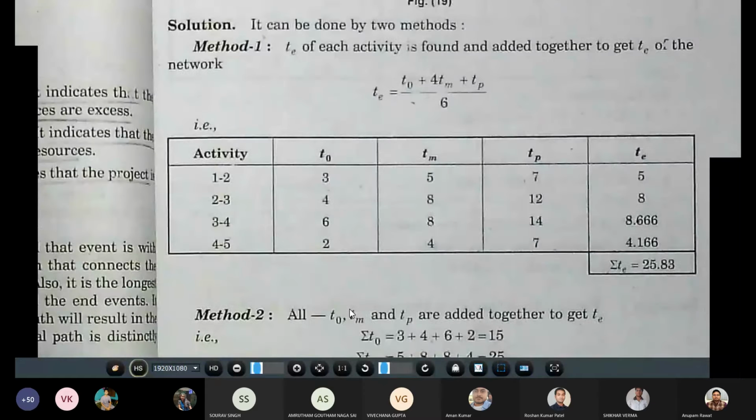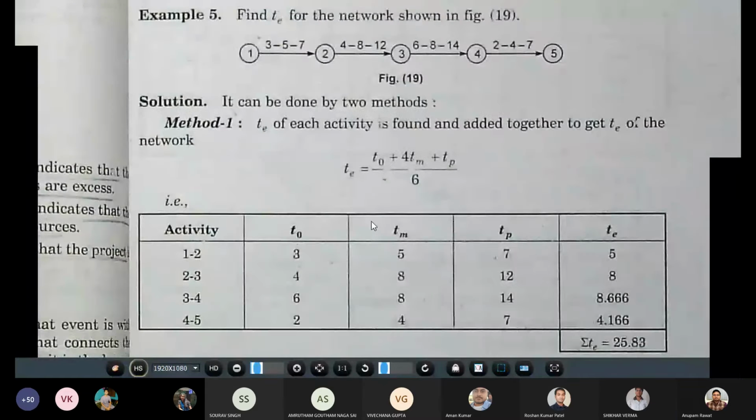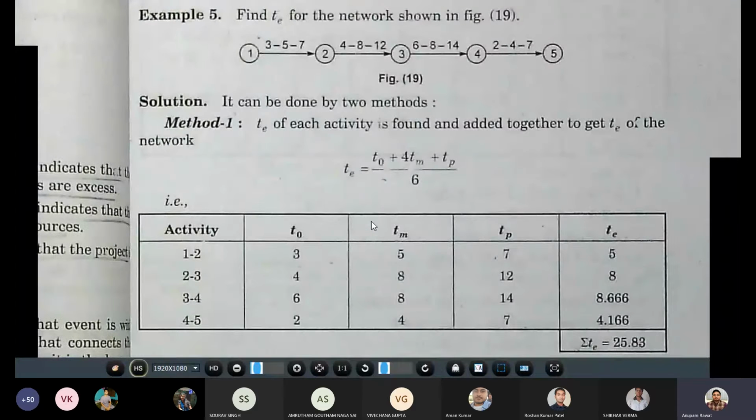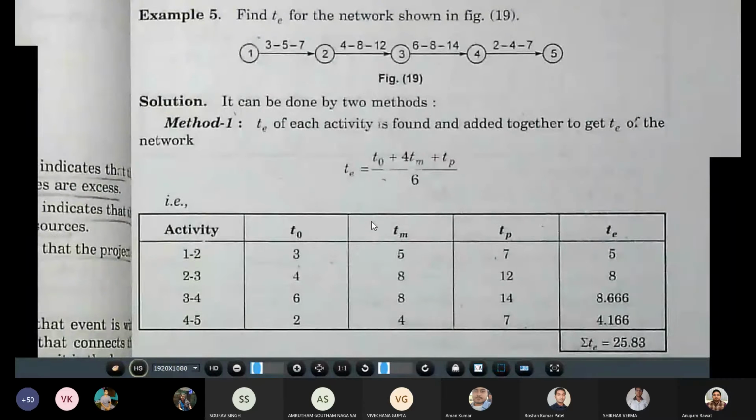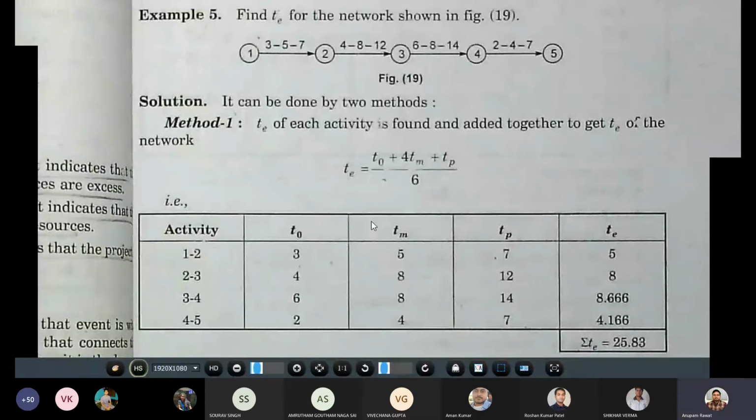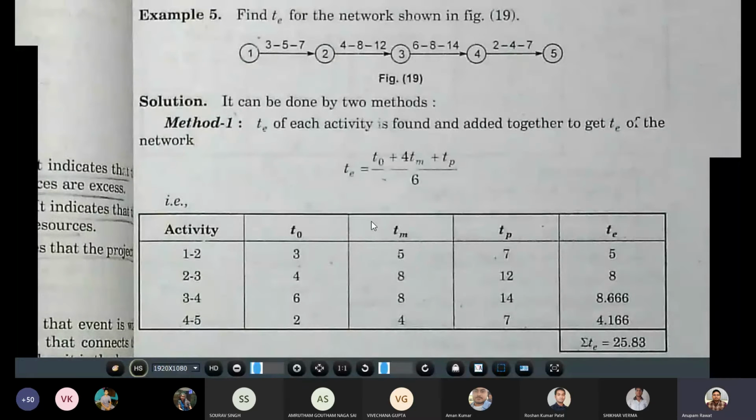Okay. So here in this figure, we have to calculate the TE, the expected time.